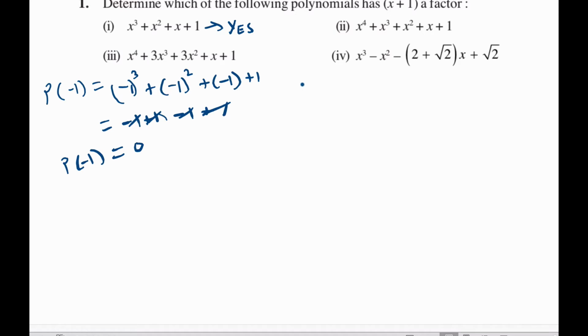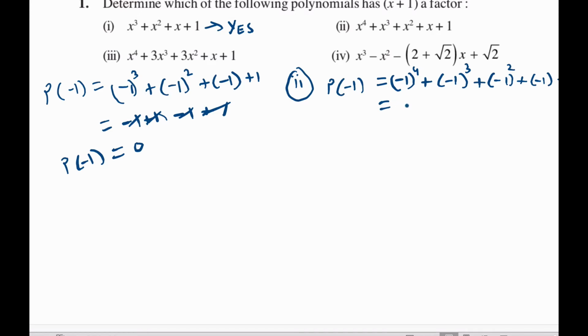Let's move on to the second part. Now the second part also we will do the same way. We will write p of minus 1 is equal to, now we will substitute the value minus 1 raised to power 4 plus minus 1 raised to power 3 plus minus 1 raised to power 2 plus minus 1 plus 1.